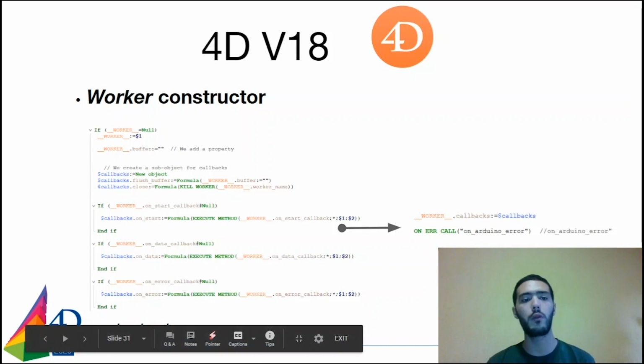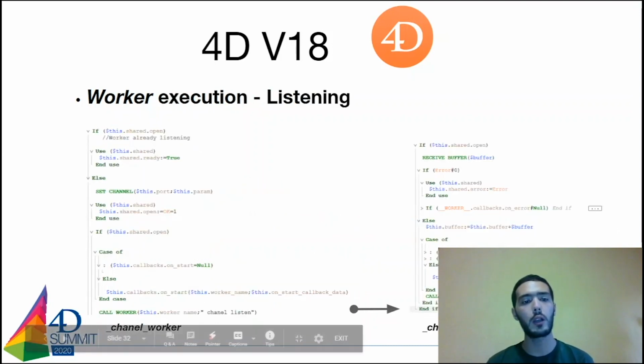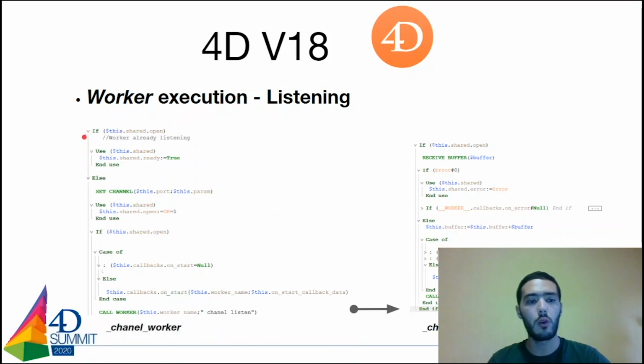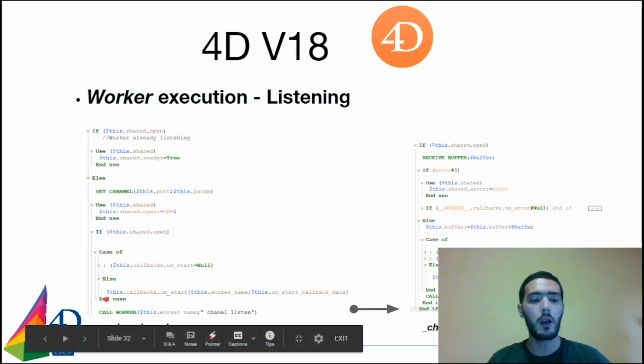And once we've constructed our worker, we'll just execute it, thanks to the command call worker. Of course, we'll make sure to know if the worker has already been executed or not. We'll set the channel, and we'll call the worker here, as we can see with the callback channel listen.